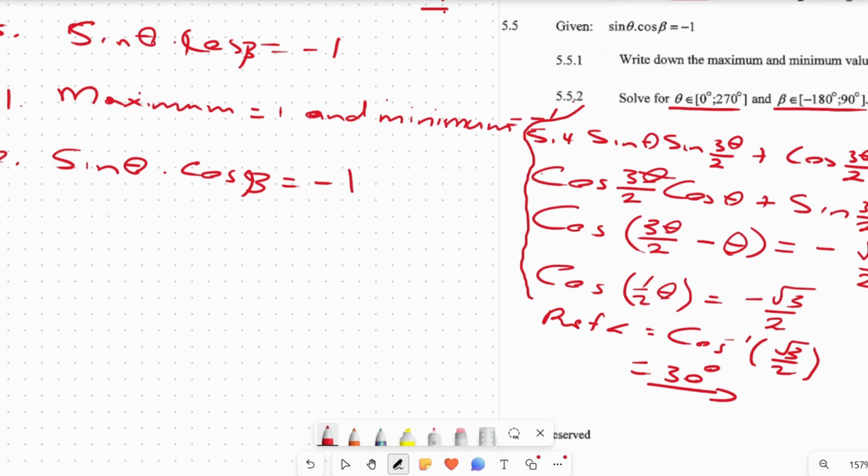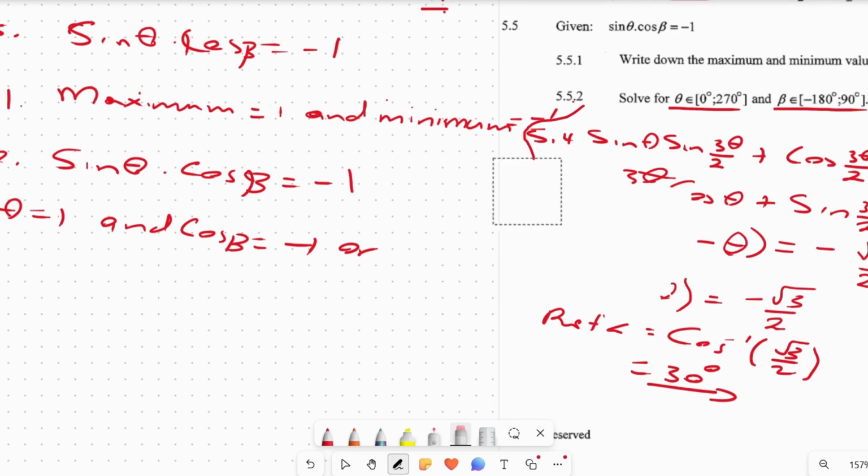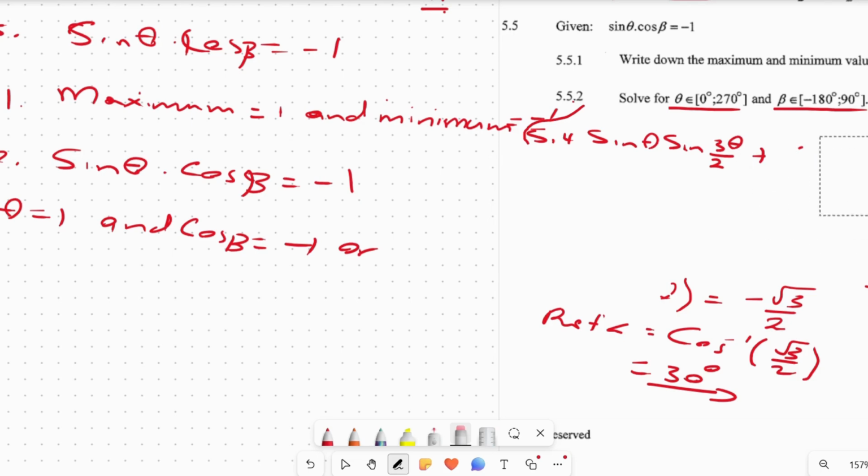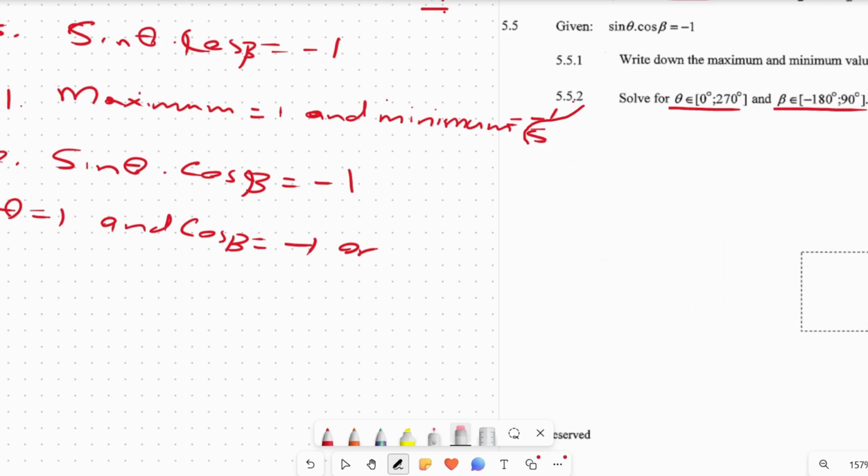It's when sine theta equals 1 and cos beta equals -1, or sine theta equals -1 and cos beta equals 1. There are two conditions for this to be true. If one of them is negative, the other must be positive.